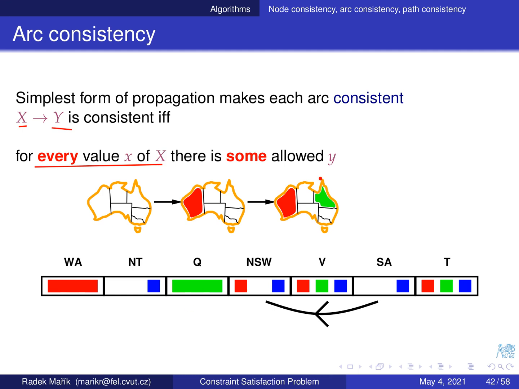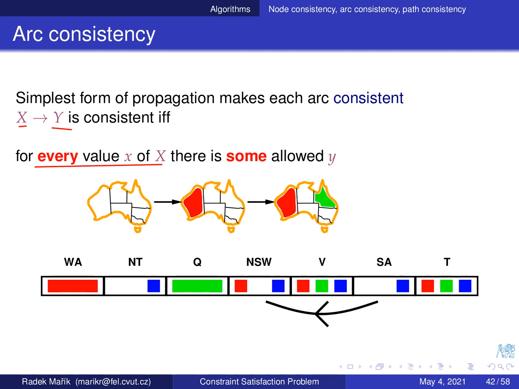In other words, for example, in this situation, WA is assigned red, Queensland green. By forward checking, you drop those remaining values, and now you can check if SA is blue, and SA is here and NSW is here, neighboring, then NSW can be red.